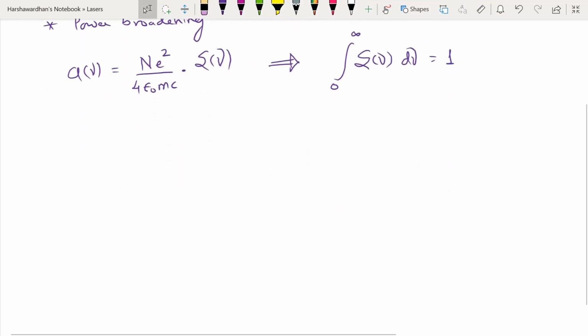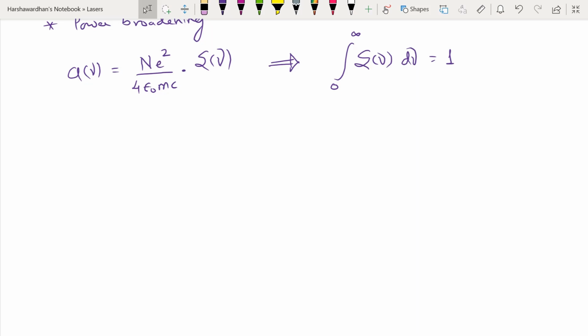Now, this is the general setting, and different physical processes lead to different kinds of broadenings of the line shape. So what we are going to look at today is the collisional broadening. That is, I have a collection of atoms which are moving around, for example, atomic vapor or a gas, and these atoms collide with each other.